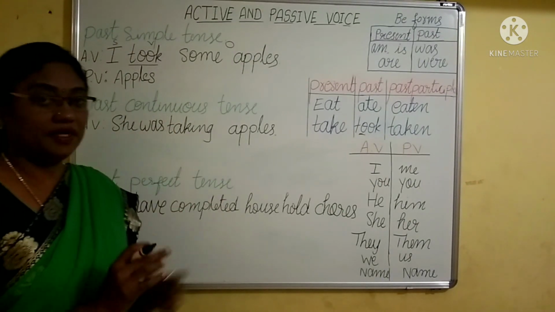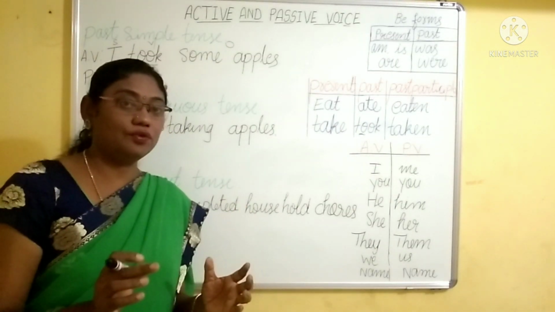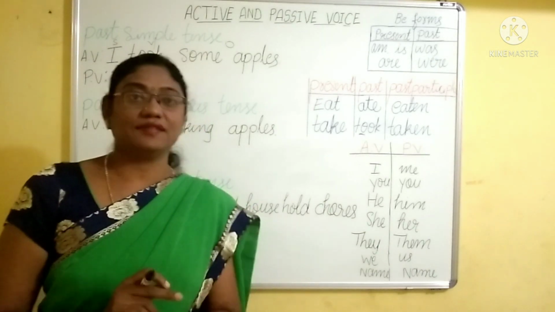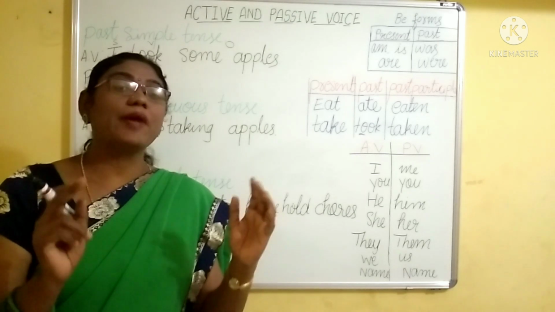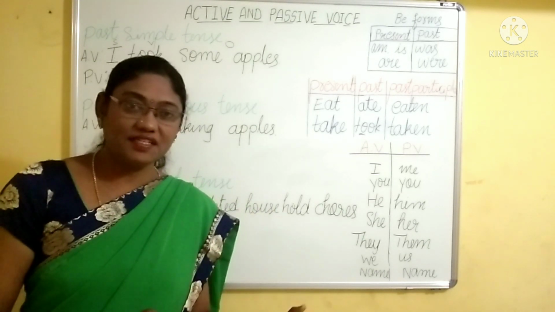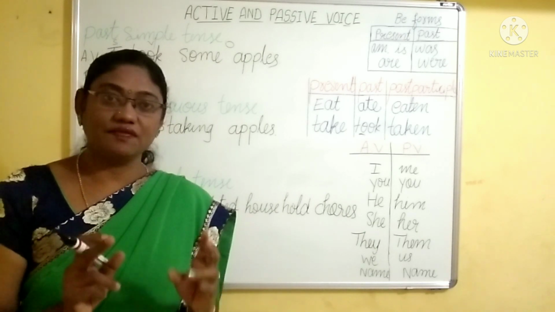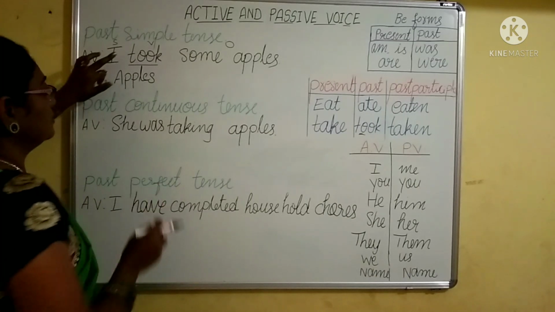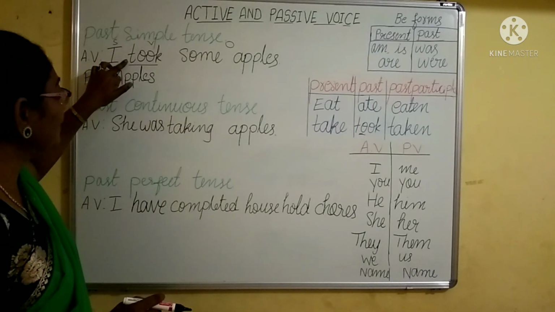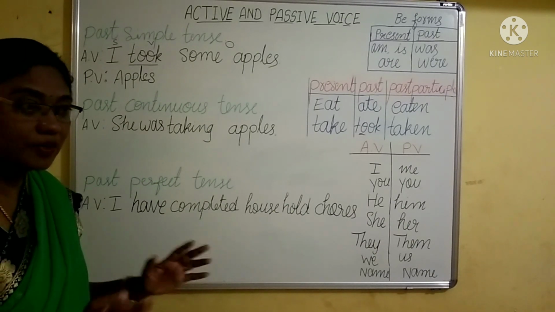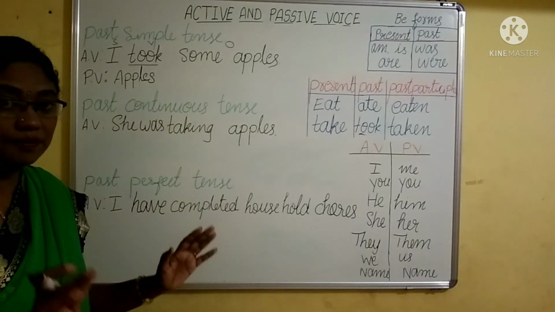The second step is you have to identify the verb in the sentence. Then you make sure whether the verb is in present or past. This is a very important thing. Yes, this is the verb, and it is in past tense, very clear, because we are talking about simple past tense.